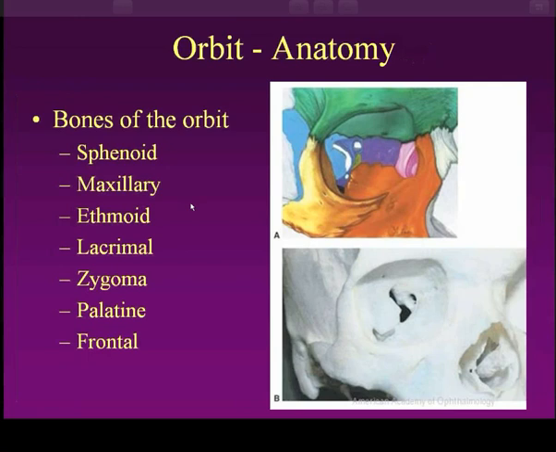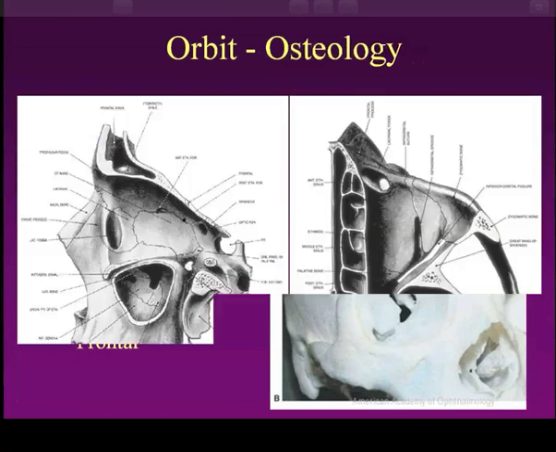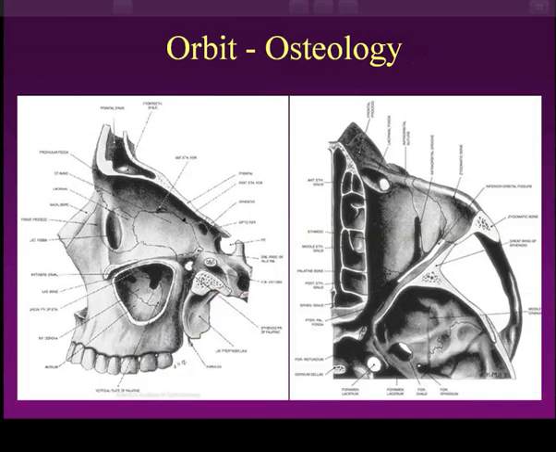So many different structures coming together in a very complicated fashion. From a pathologic standpoint, what you are going to see about the orbit is people getting punched in the eye in the emergency room. Or if you're an ENT, you'll know this stuff really well, but I'll draw attention to 2 areas.